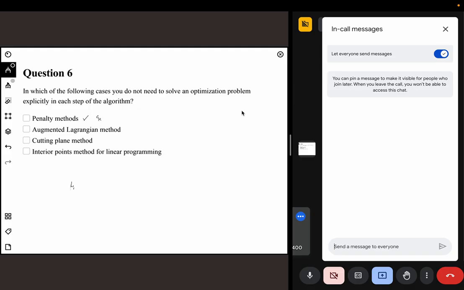So you have some f of x plus lambda times h of x plus c times h of x squared, and we are updating lambda at the next step to be lambda k plus ck times h of xk. Once I get this lambda k plus 1, I have to substitute it in the original equation, and from this I have to get my xk again.